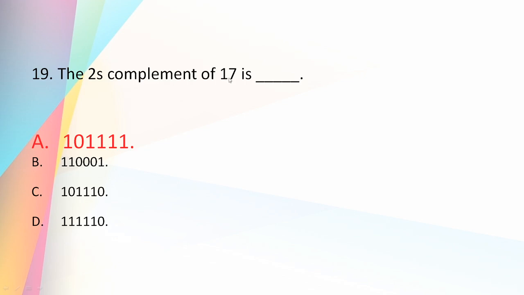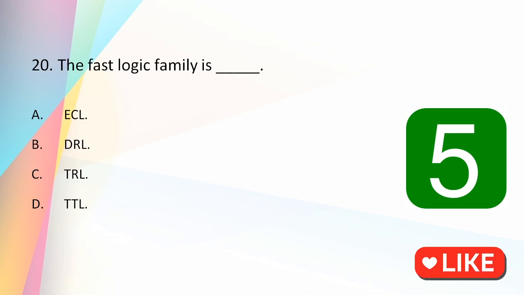So first we have to convert 17 into binary, and the binary of 17 will come as 101110. Now we have to take the 2's complement. So to get the 2's complement, you have to invert. So it will be coming as this.